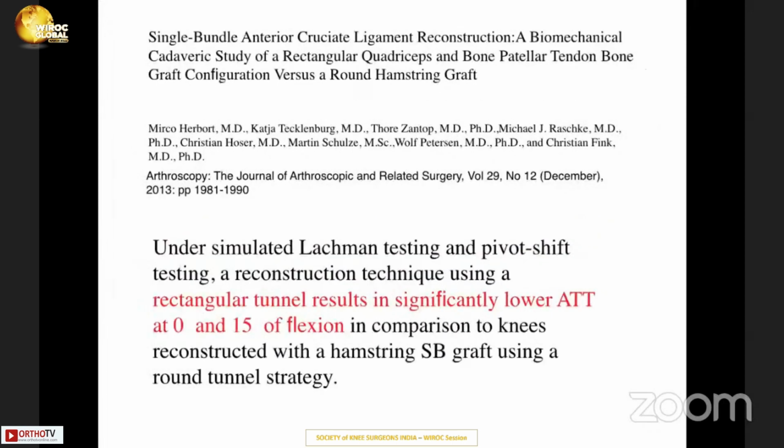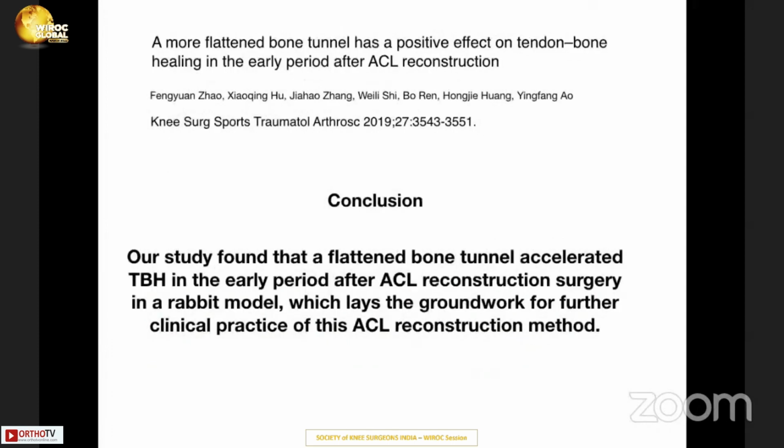Another article compared the rectangular tunnel with a circular round hamstring graft, and also mentioned that the rectangular tunnel results in significantly lower anterior tibial translation at 0 to 15 degrees of flexion compared to round tunnel hamstring tendon grafts. They also mentioned better tendon-bone healing in a rabbit model with a more flattened graft.